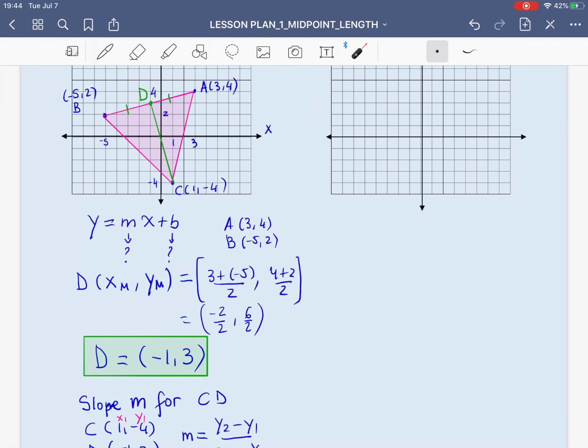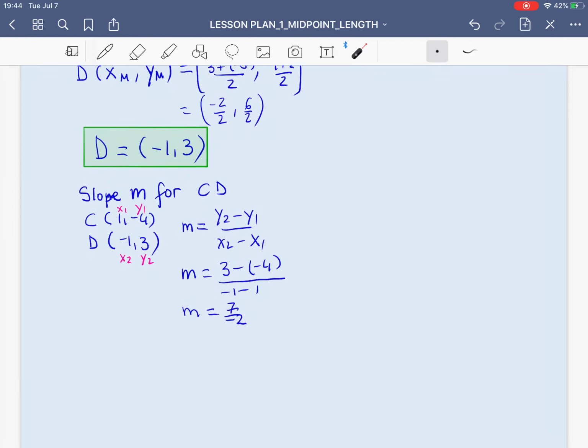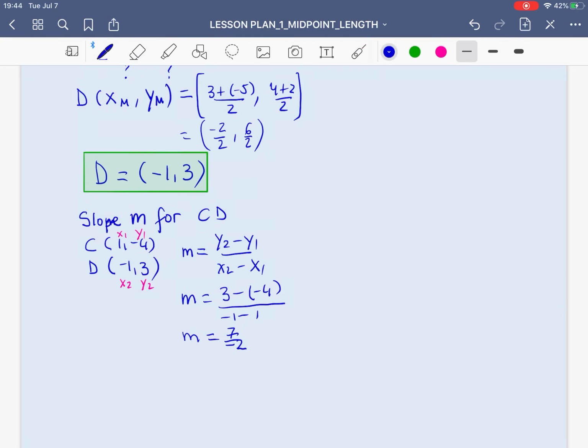We still need to find the y-intercept. So we solved the problem for the slope, but we need to find the y-intercept. But since I have the slope, I'm going to substitute it right away: 7 over negative 2 x, and then plus the y-intercept b. This is what I need to figure out at this point. So what other things can we substitute in the equation?